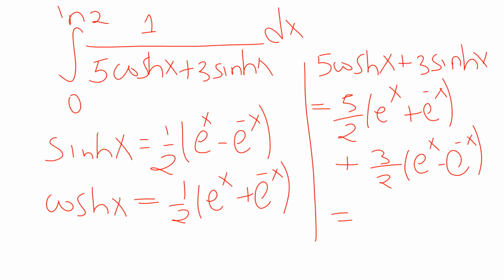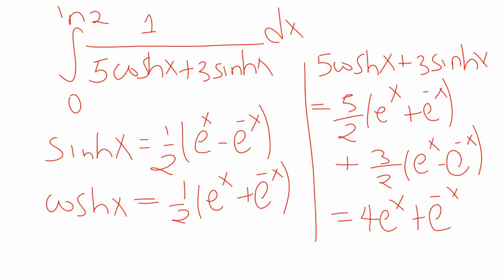Okay, so if we bring like terms together, 5 on 2 e to the x plus 3 on 2 e to the x is 8 on 2, which is 4 e to the x, and then 5 on 2 e to the negative x minus 3 on 2 e to the negative x is 2 on 2, which is just plus e raised to the power negative x.